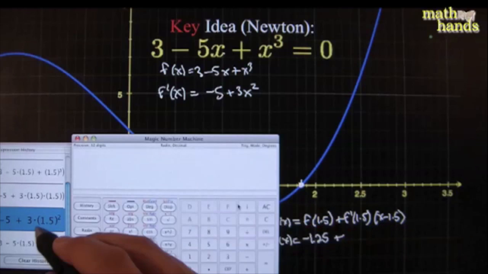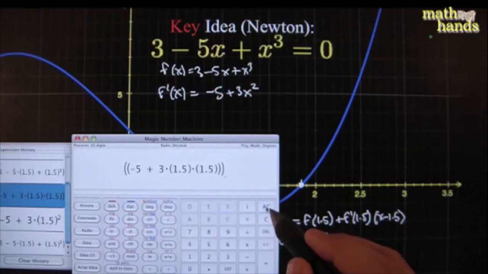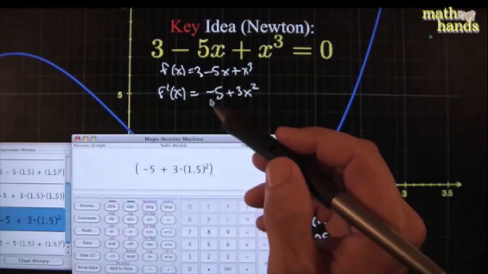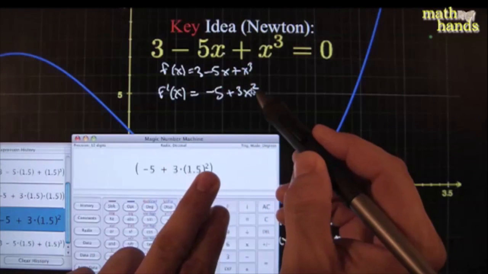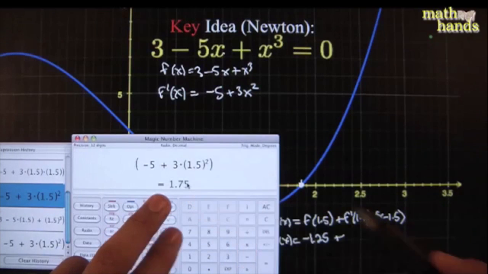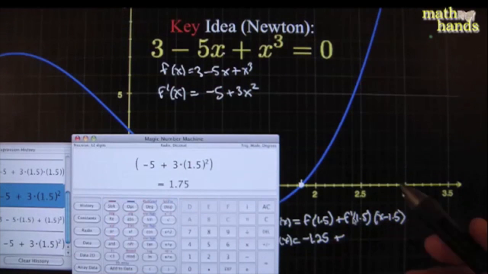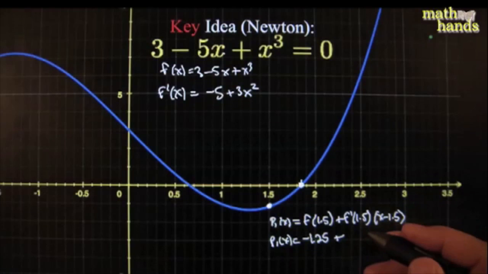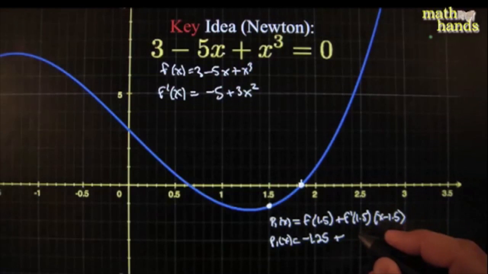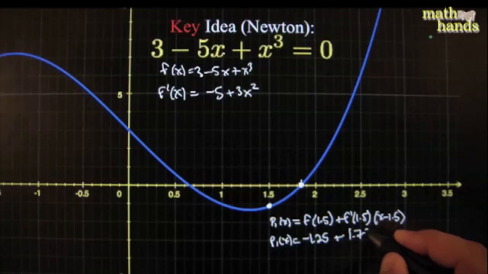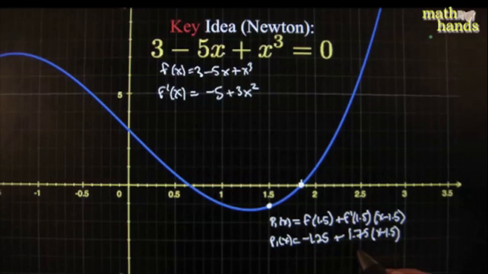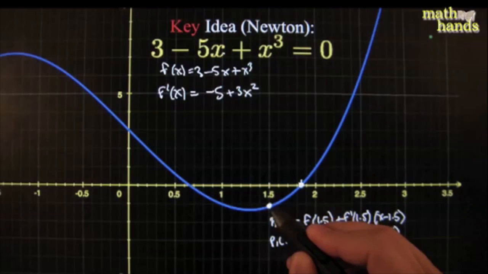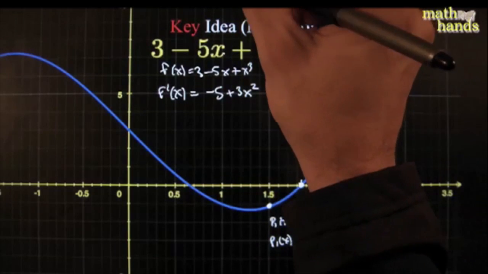Clear. Negative 5 plus 3 times 1.5 squared. And that gives you 1.75. So we get 1.75 times x minus 1.5. There you go. I've got my equation. That's the equation for this line right here.